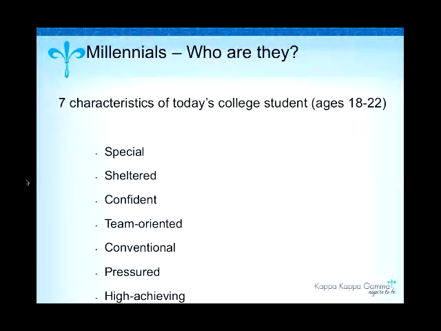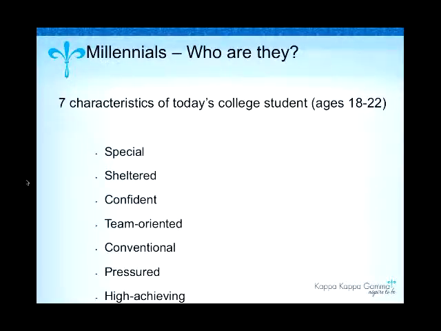So, as they are focused on where they will go and what they will be and how much they will make, they oftentimes forget to just enjoy being a college student and not having the pressure of trying to figure everything out immediately.